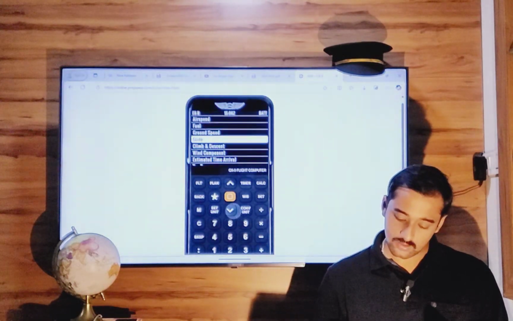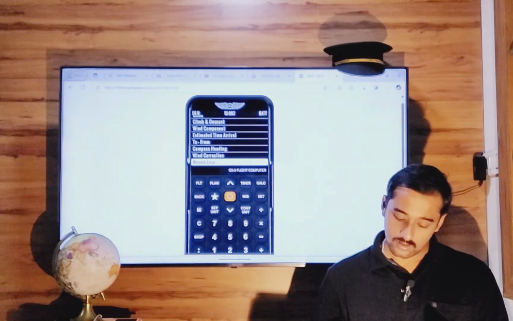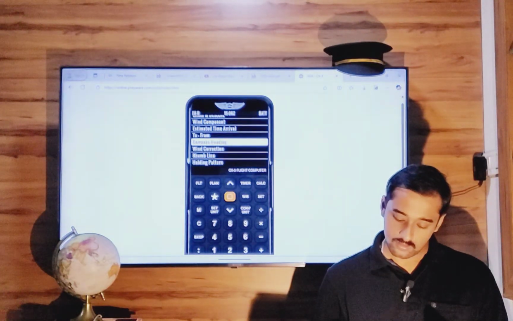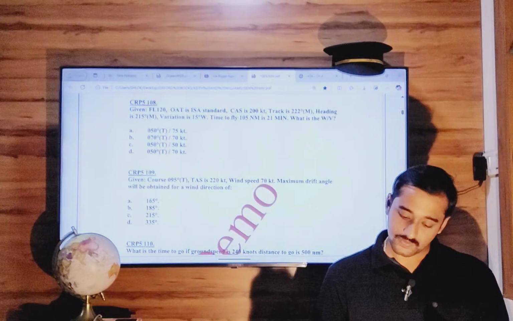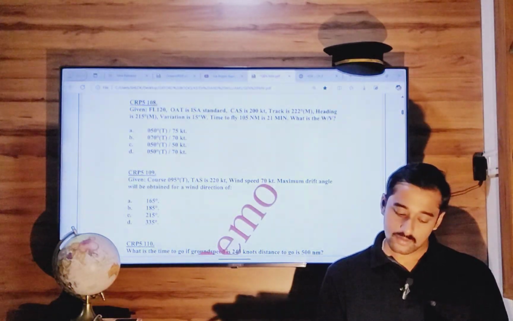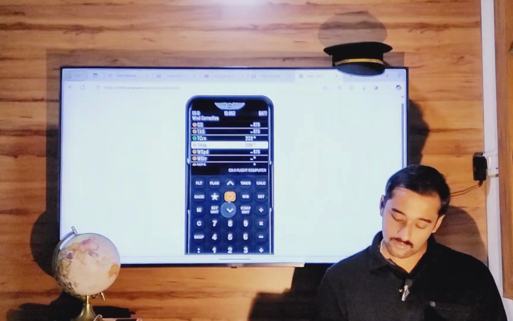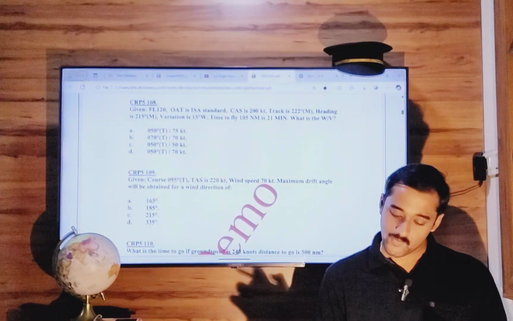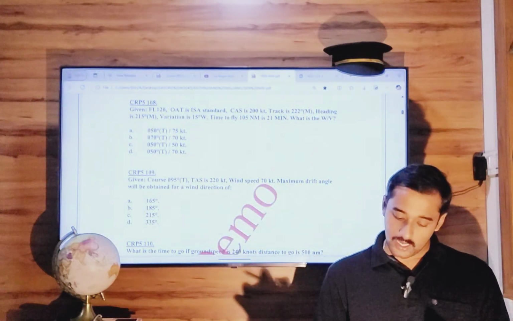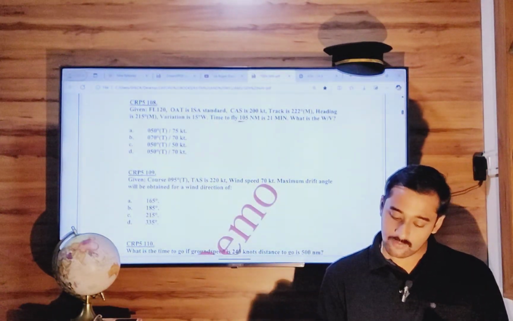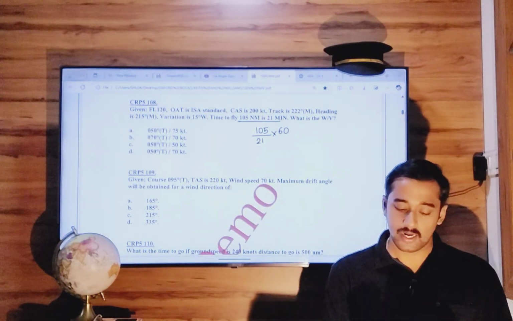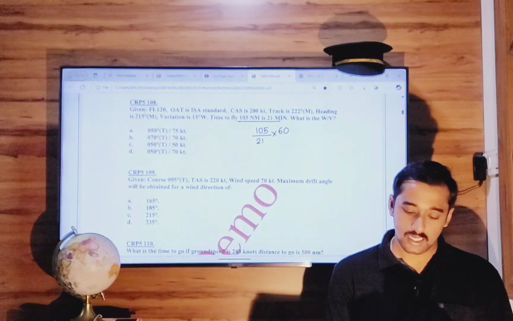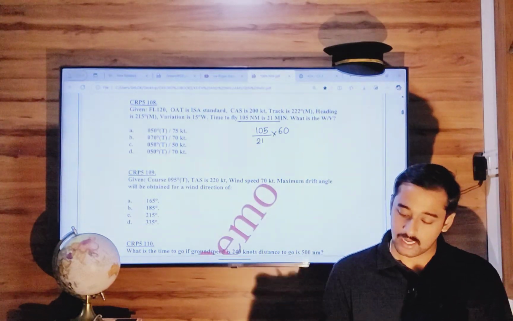Track is 222, heading is 215. Ground speed will be 105 divided by 21. Convert this into hours. So 105 into 60 divided by 21, 300 knots.